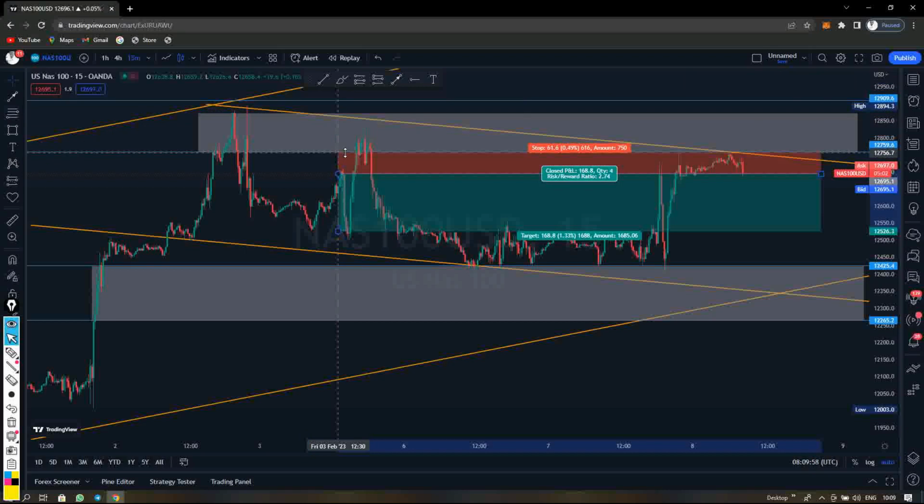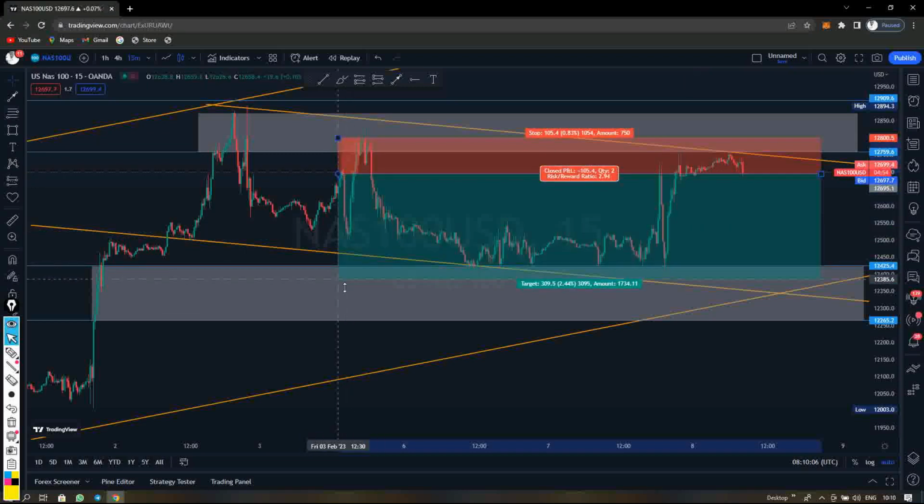I love my stop losses to be short. I don't want them to be very long, because you could suffer a lot of losses. So this is what I'm seeing the market could do.